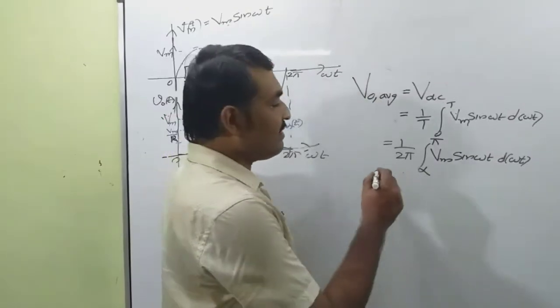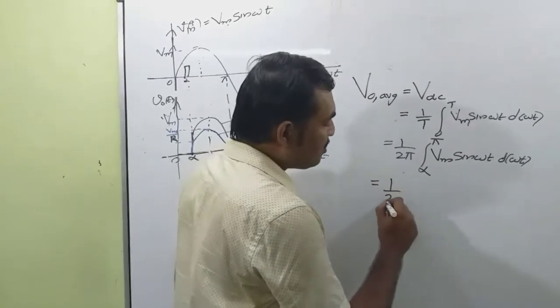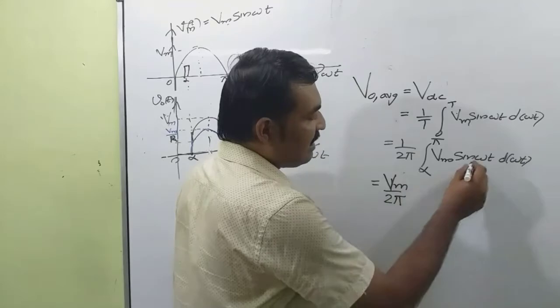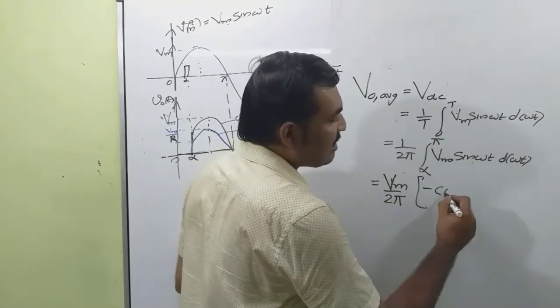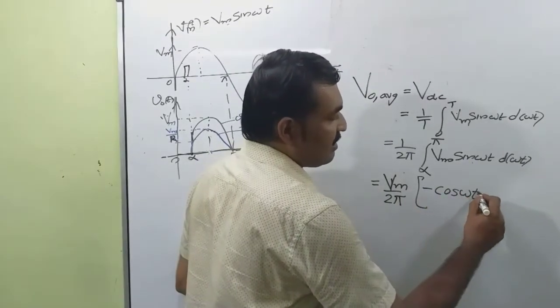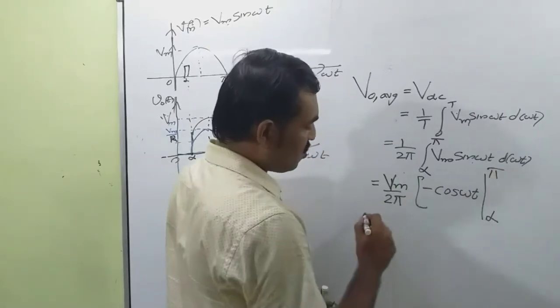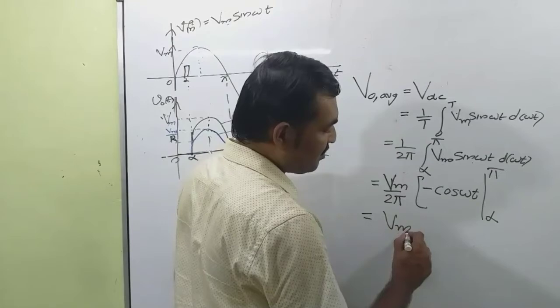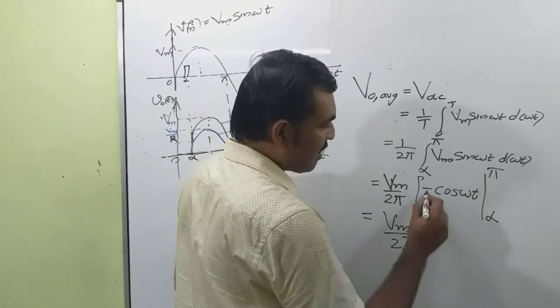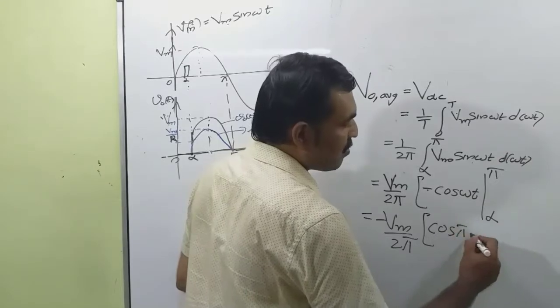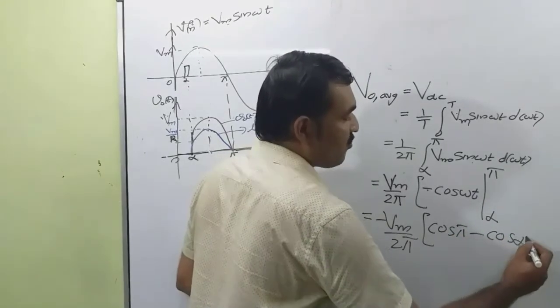Now we can integrate this. So this is equal to 1 by 2 pi, with Vm taken outside: Vm by 2 pi. The integral of sin is minus cos omega t, with limits of integration from alpha to pi. So this is equal to Vm by 2 pi, with the minus taken outside, into cos pi minus cos alpha.